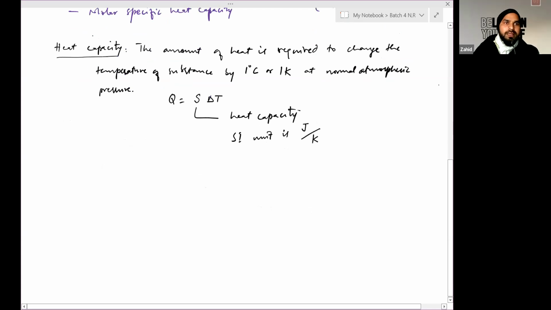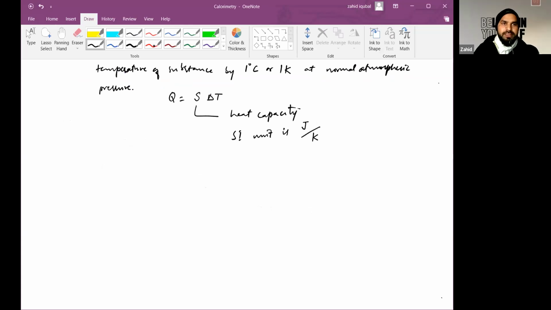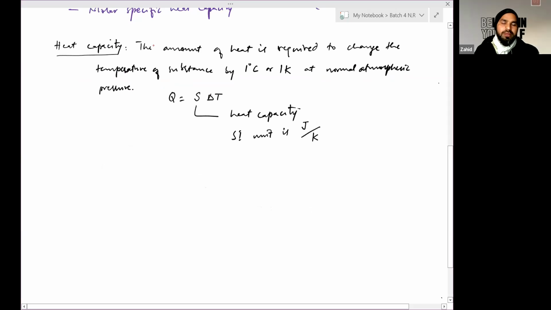Next, in this particular part, if there is mass, or if we are calculating heat for a fixed amount of mass or fixed amount of substance, it is called specific heat capacity or constant.